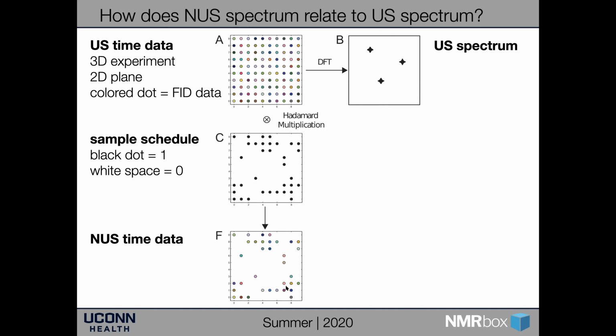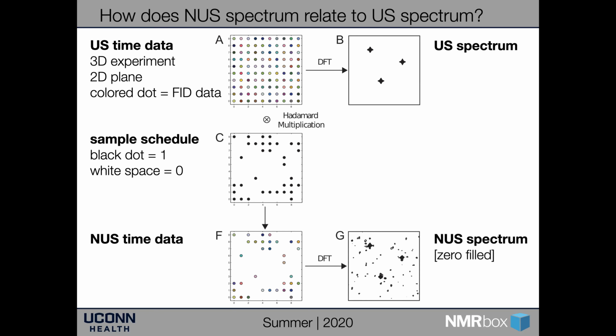And as we saw in earlier presentations, if we go into that non-uniform time data and fill in zeros for FIDs that are not collected, and this is not something we would do in a reconstruction, but for the purposes of this exercise, if we fill in those zeros, we once again have a uniformly sampled data set. Then we can apply the Fourier transform and we get this NUS spectrum over here.